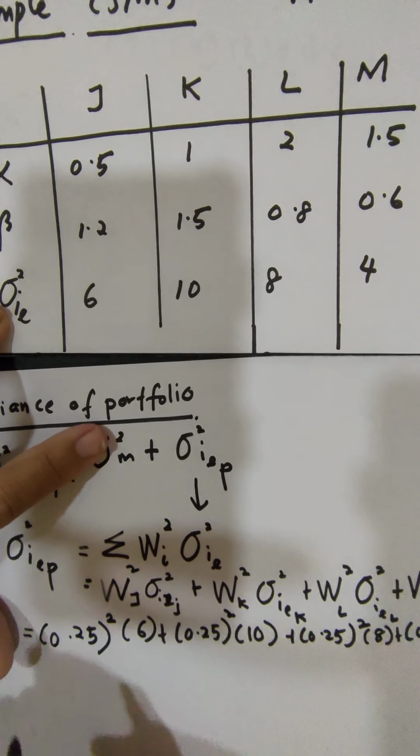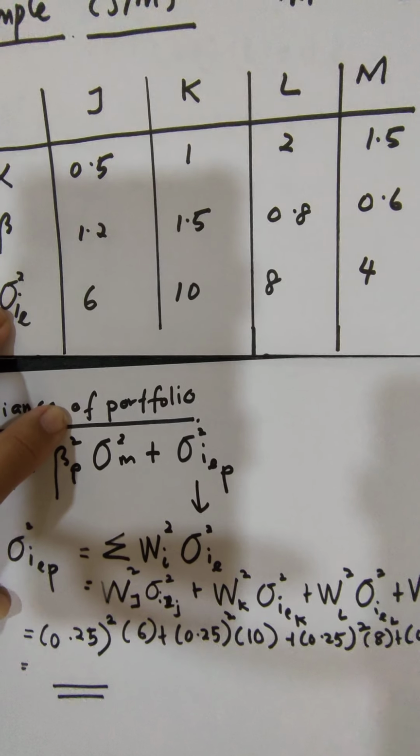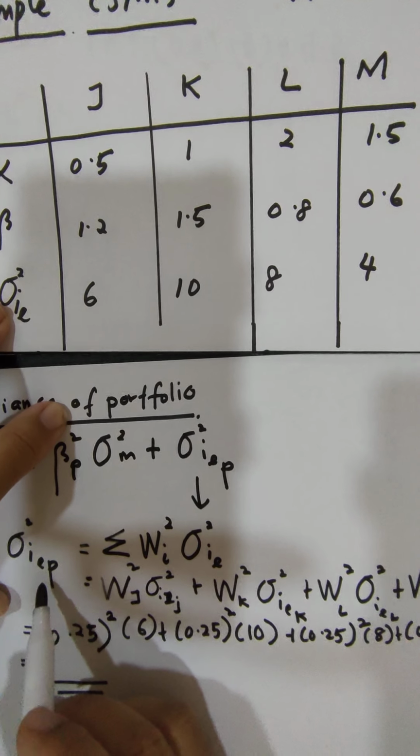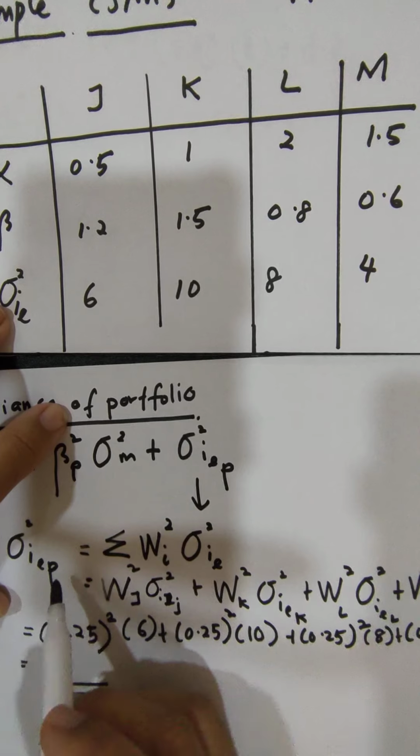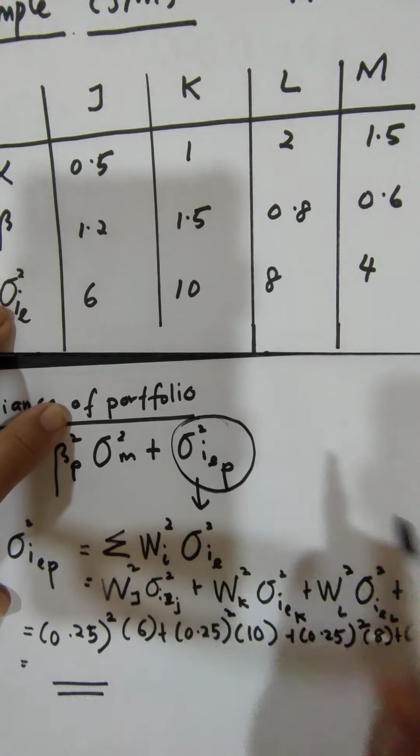Sum up everything and you get the residual variance for the portfolio itself.